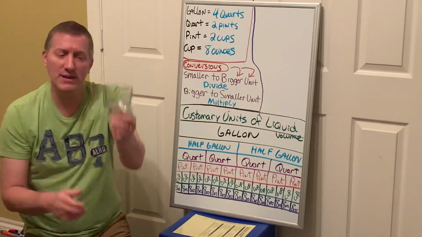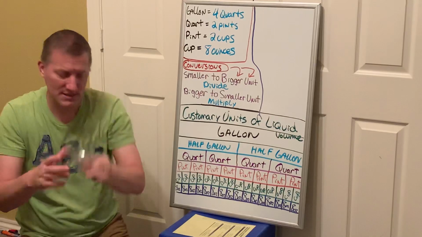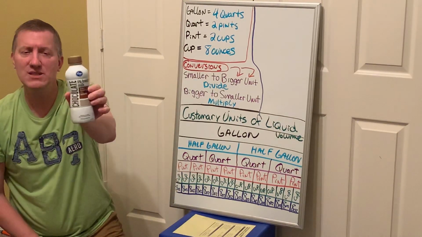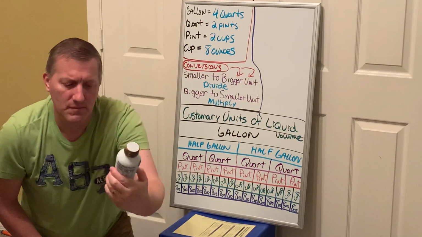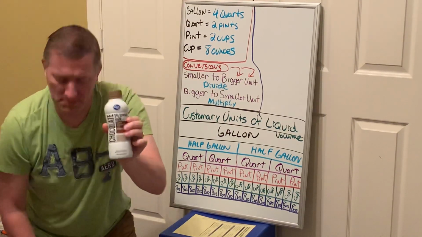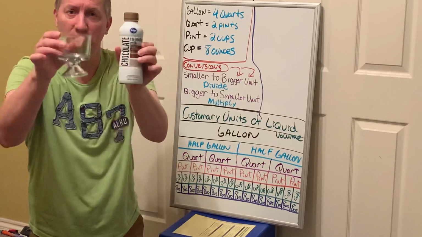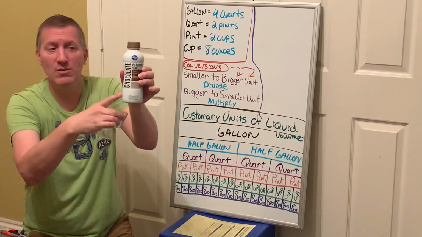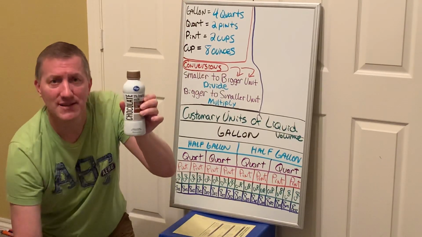Then 2 cups combined equals this. And this is 1 quart. Or sorry, excuse me, this is 1 pint. So 2 cups equals 1 pint.